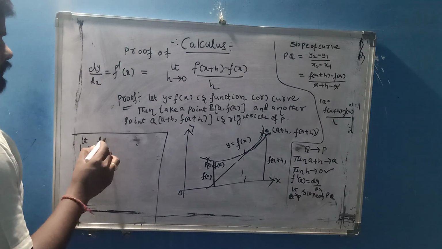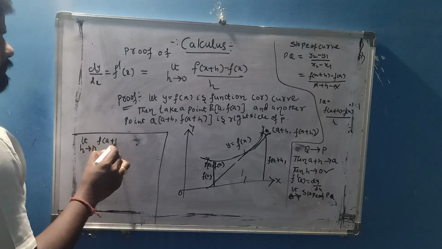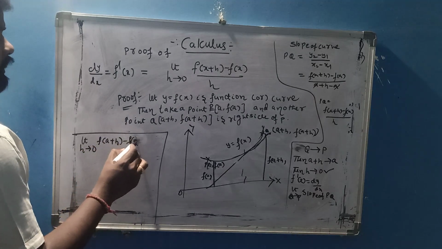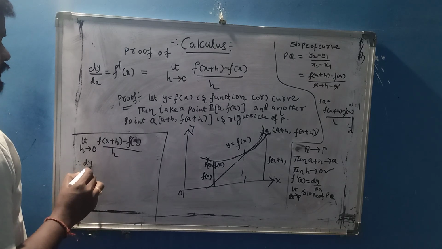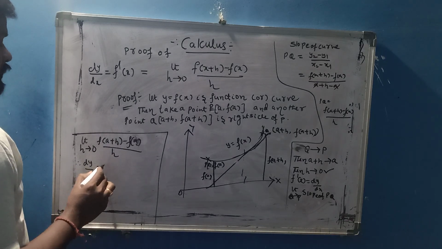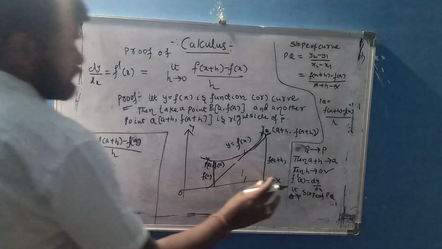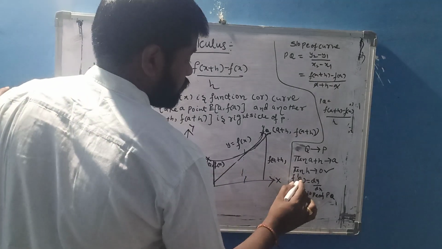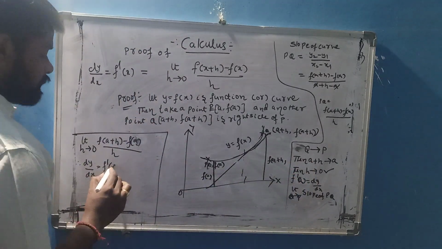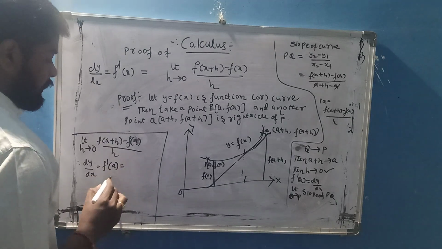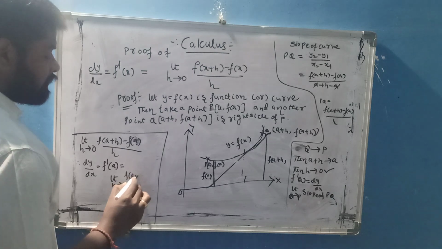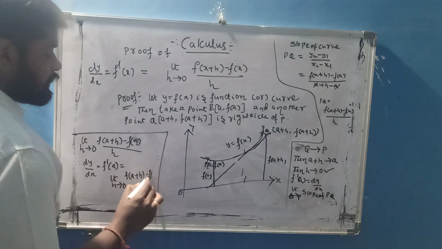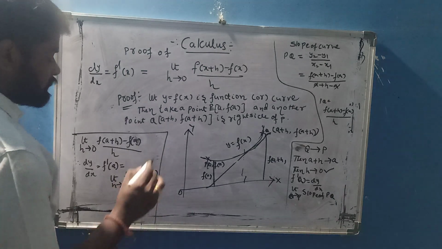Here f of a plus h minus f of a by h. This is dy by dx, which equals f dash of a, not x here, f dash of a. Replacing x with a, f dash of a equals the limit h tends to 0 of f of a plus h minus f of a by h.